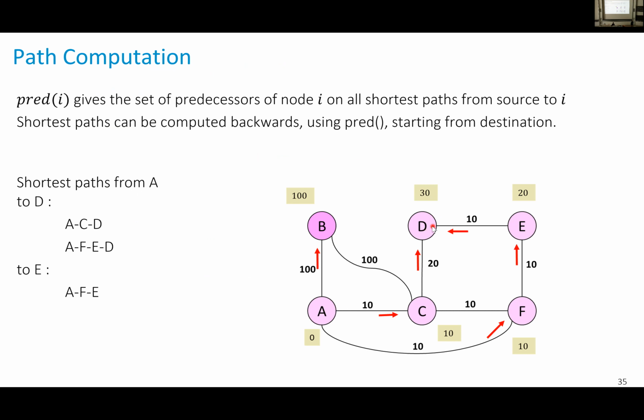Then I start at D, I revert the arrows, I see there are two paths, one that leads me to C, from C I go back to A. So that says that I have a first path that is via C, and if I do the same exploration, I have another path that is via F. So I have two possible next hops to go to D, C and F. This is how we could do it.